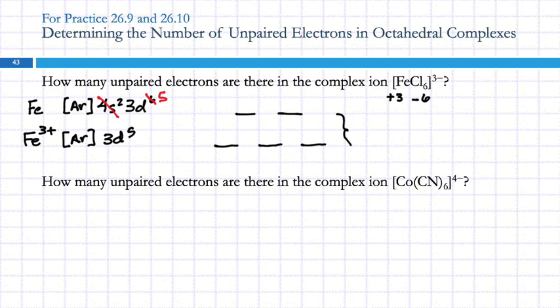So this difference is small. Now we're ready to put electrons in. We have 5 electrons. 1, 2, 3. The 4th one has to choose. Is it going to go up or stay down? Up. It's going to go up because this is just a small amount of energy.